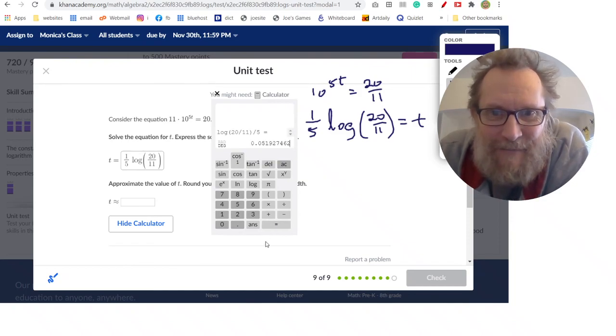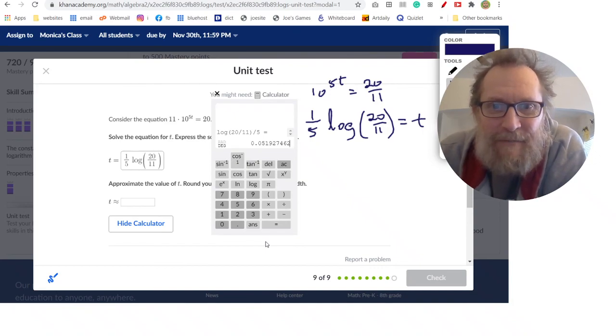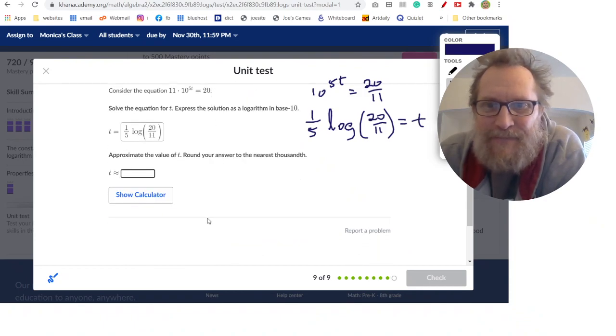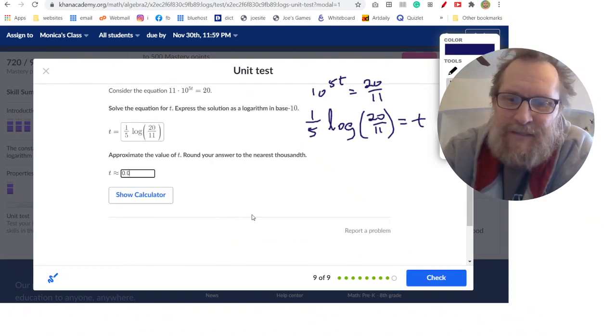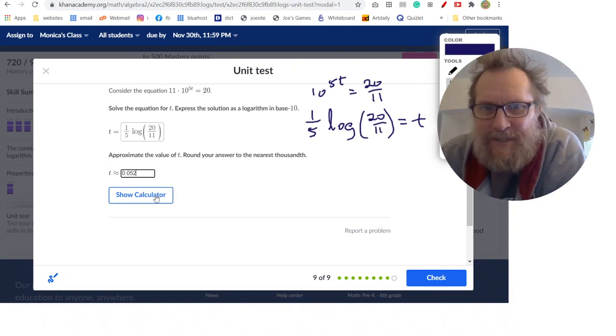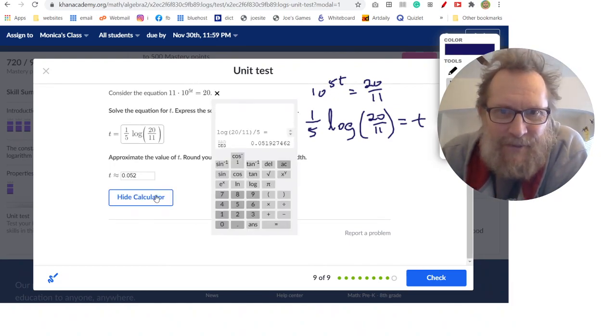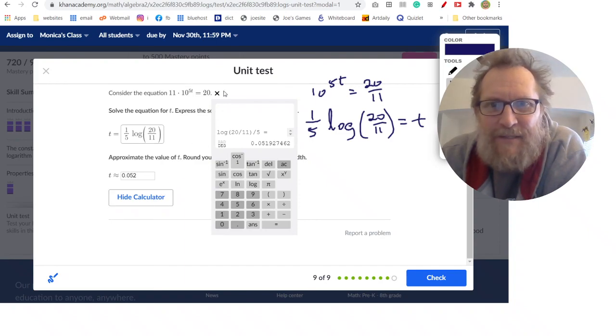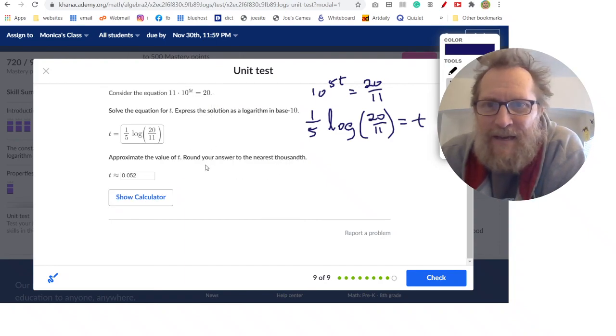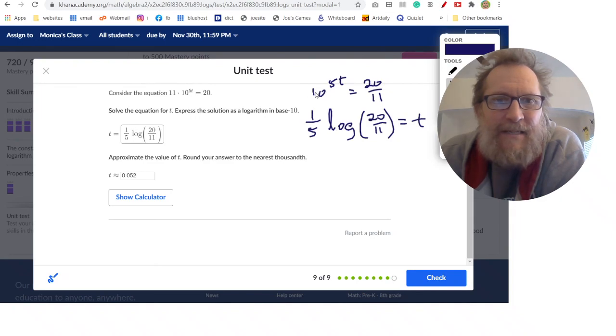And I get 0.052. Let's double check that. 0.052 rounded to the thousandth, and 1/5 log 20 over 11, because I rewrote that as it's base 10 already, and it's the log of 20 over 11 equals 5t. All right, I feel good.